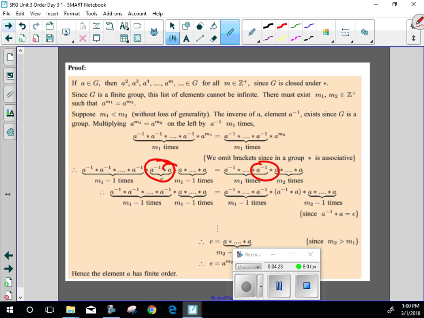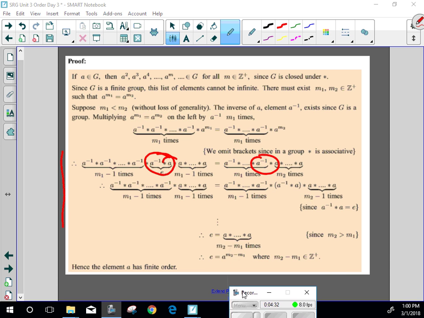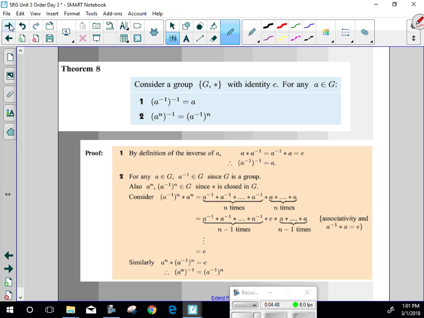And so the more times that happens, eventually you get e. Eventually you're going to get that e equals a to the m2 minus m1, and m2 minus m1 is going to be an integer. I'm not sure this proof really helps a lot, but what they're saying is that if you have a finite number of elements, that will fall through with your order.